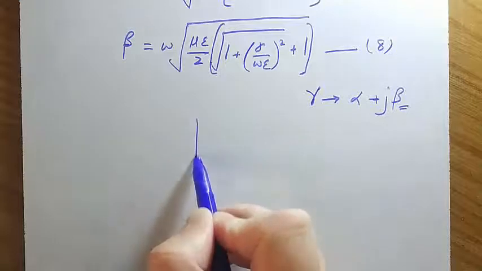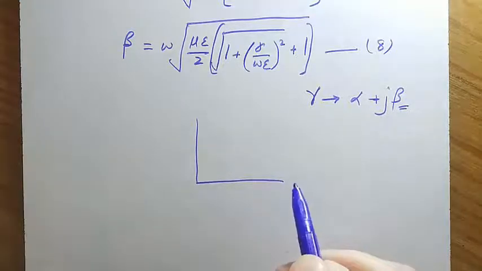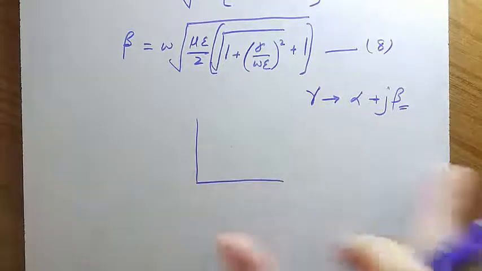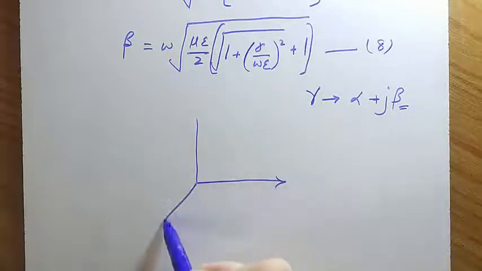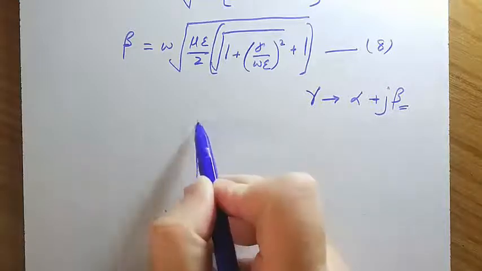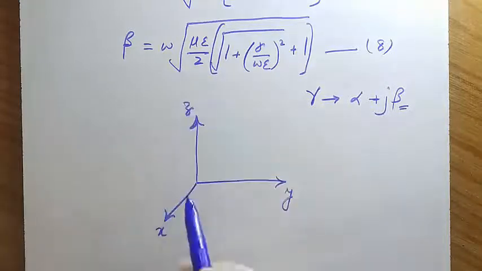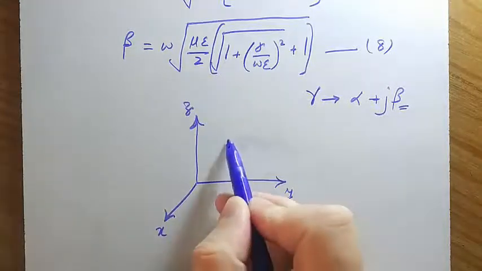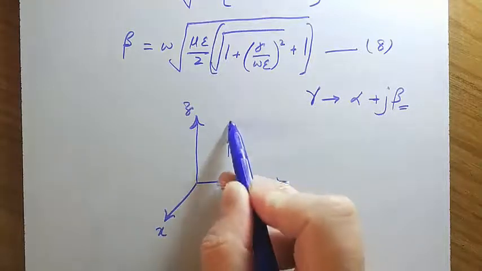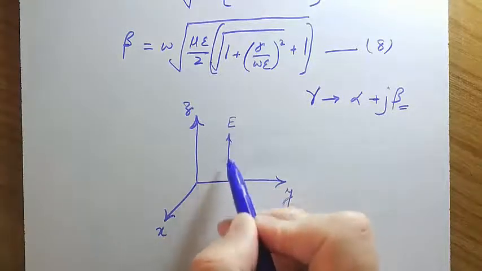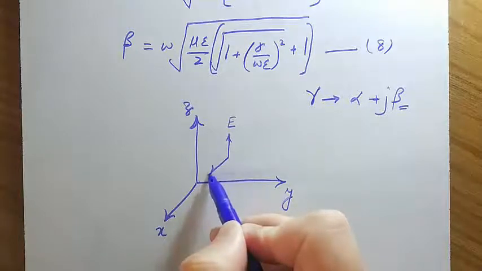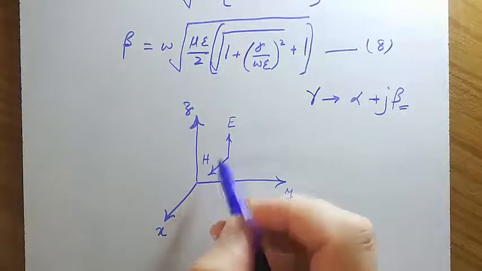Now let us again assume the same wave we had previously. If this is x, this is y and this is the z-axis, we consider a wave which has the E field in the z direction and H in the x direction.